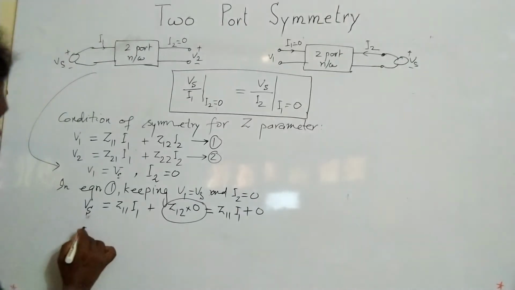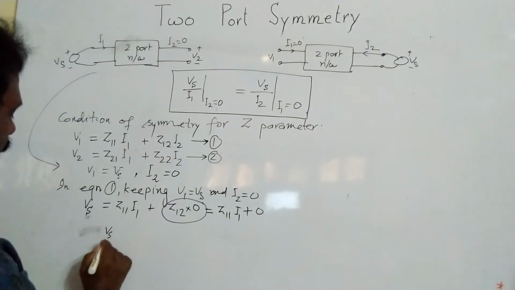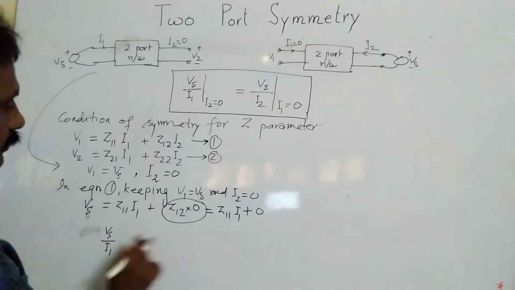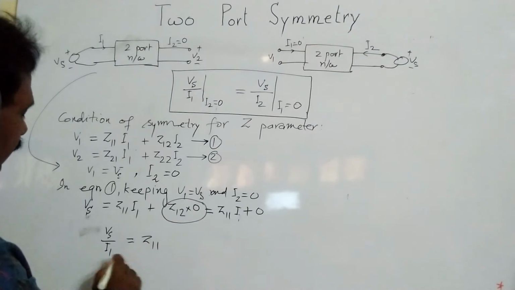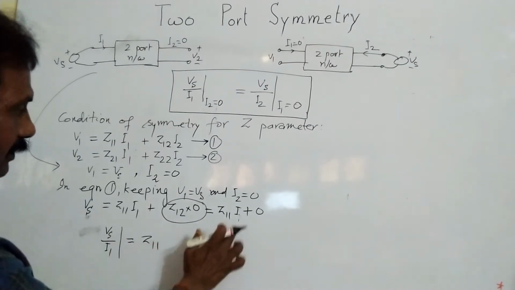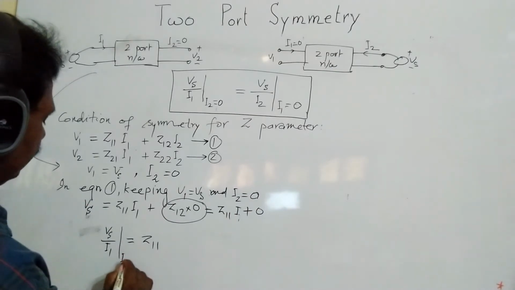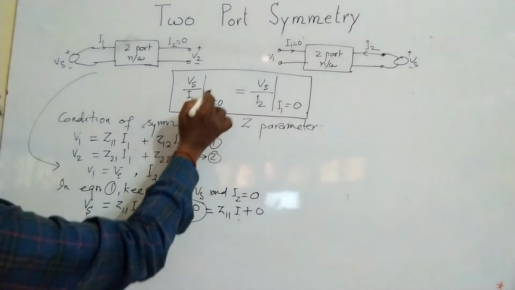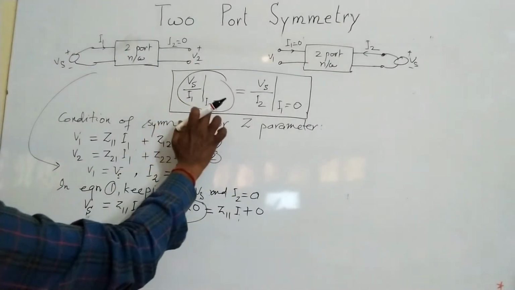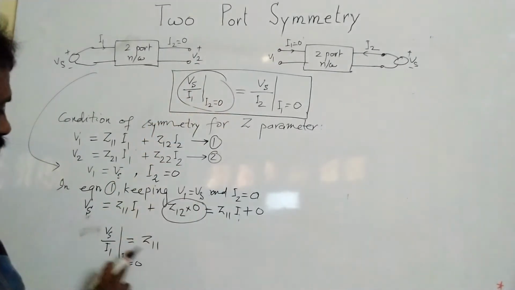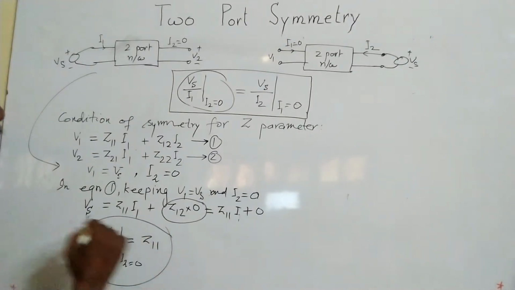Then we get Vs by I1 equal to Z11, and this was the condition when I2 was 0. So Vs by I1 when I2 equal to 0 is Z11.